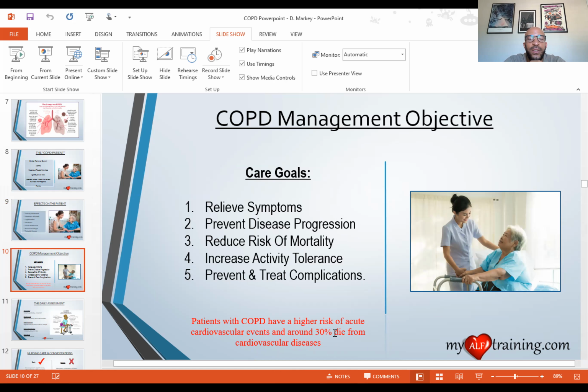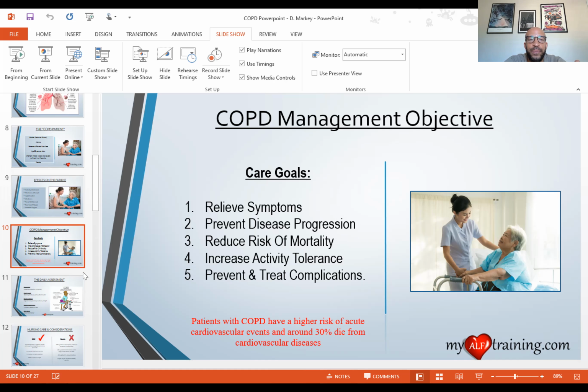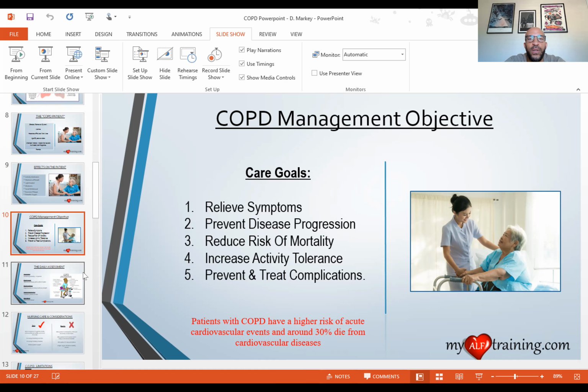And that's just again to highlight the level of comorbidity that is associated with COPD because of the inability to move, because of the shortness of breath, because how it increases the risk for mortality and obesity. So it is very important that we monitor and manage these patients to help them become more healthy.